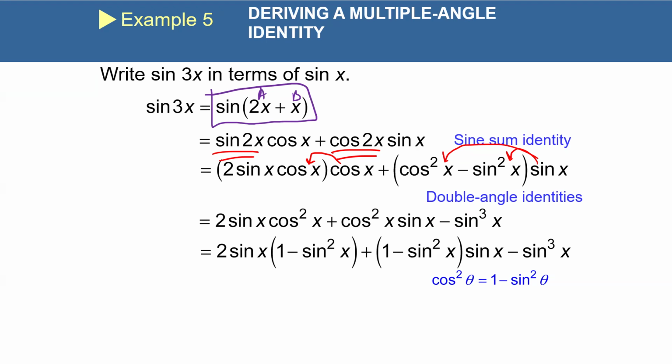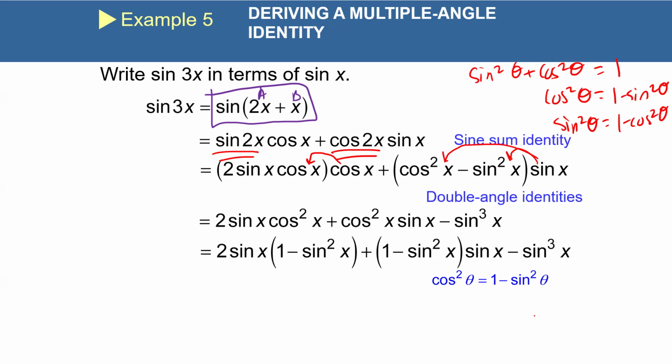The Pythagorean identity is sine squared theta plus cosine squared theta equals 1. So that means that cosine squared theta equals 1 minus sine squared theta, or sine squared theta equals 1 minus cosine squared theta.